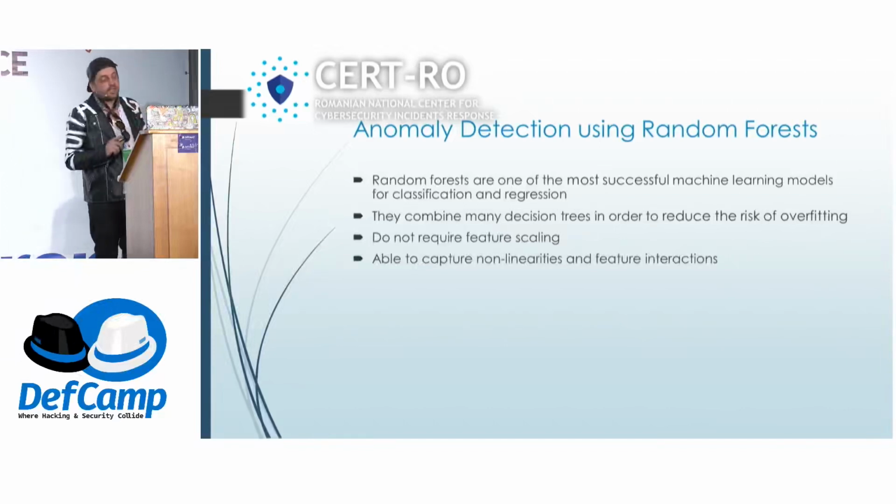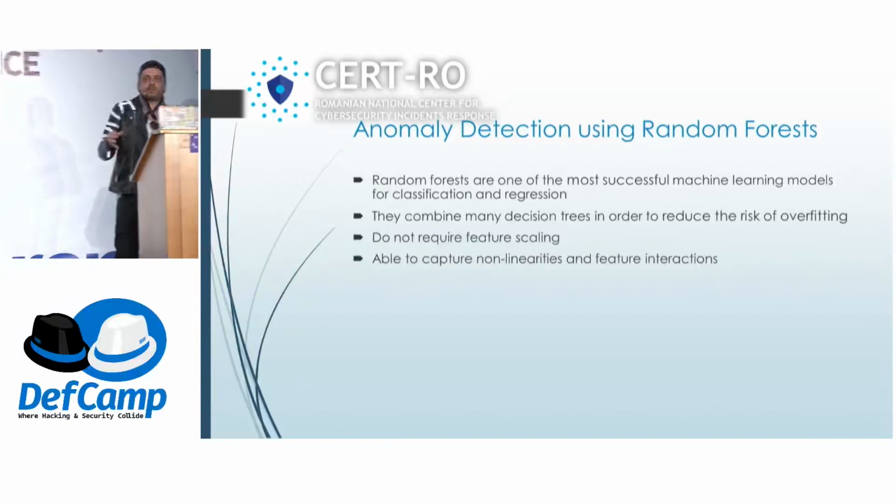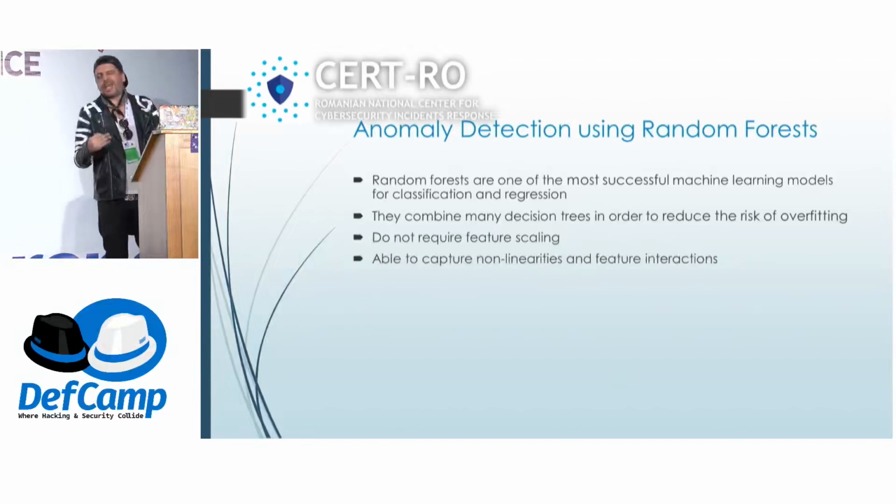Also, which is very important, they are able to capture nonlinearities and feature interactions, like how these features react in the context of similar presented features in the analysis, so to say.